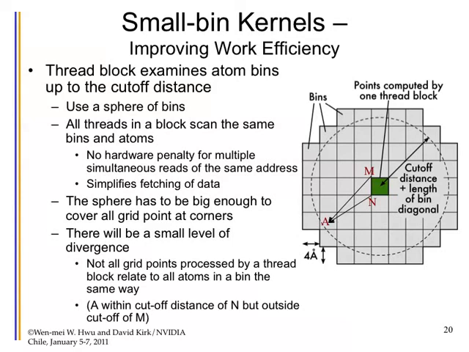So the sphere has to be big enough to cover all the grid points at the corners. You may have some grid points that are on the outside edge of that little volume. In this particular case, an atom A in this bin will be within distance n, but outside the distance m.